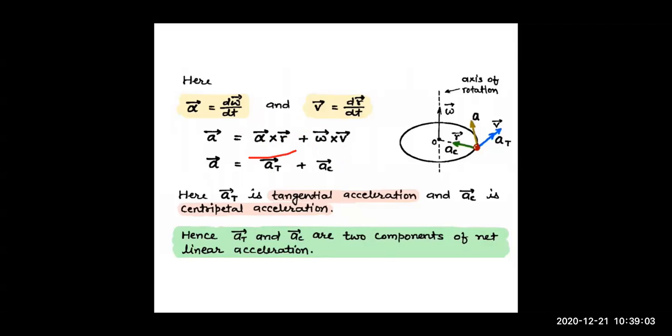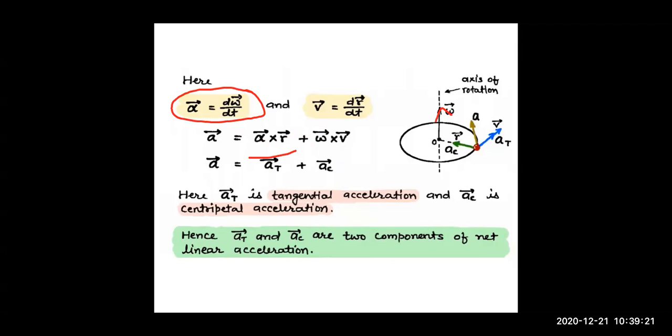Alpha is the angular acceleration. Now we know that the angular acceleration is rate of change of angular velocity. Now children, angular velocity is along the axis of the rotation. Along this line, the angular velocity is going to take place, right?